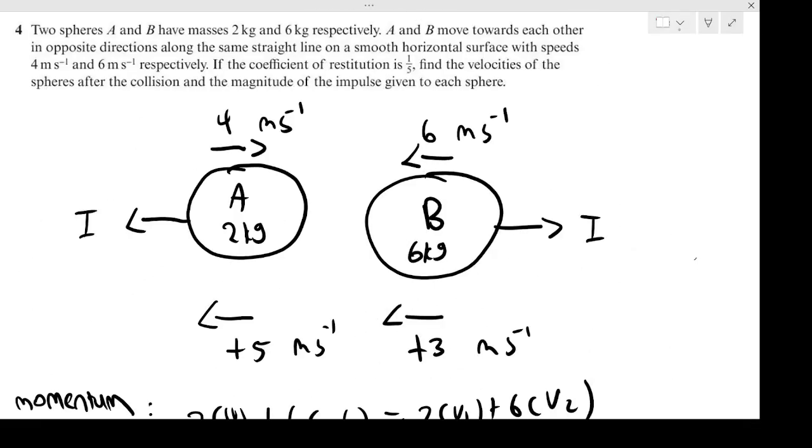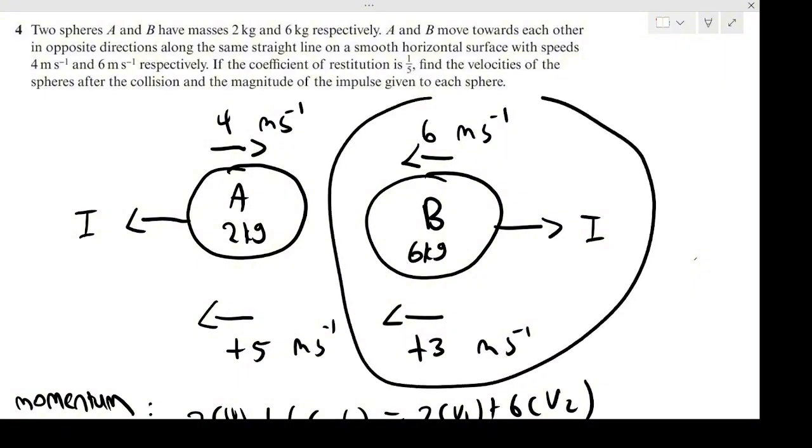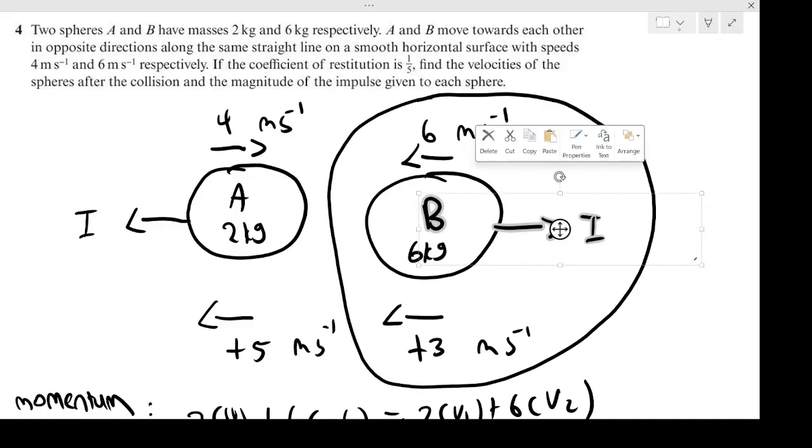So that's the impulse, right? We should get the same answer if we just consider B now, because the impulses are the same, so we should get the same answer no matter what particle we consider.